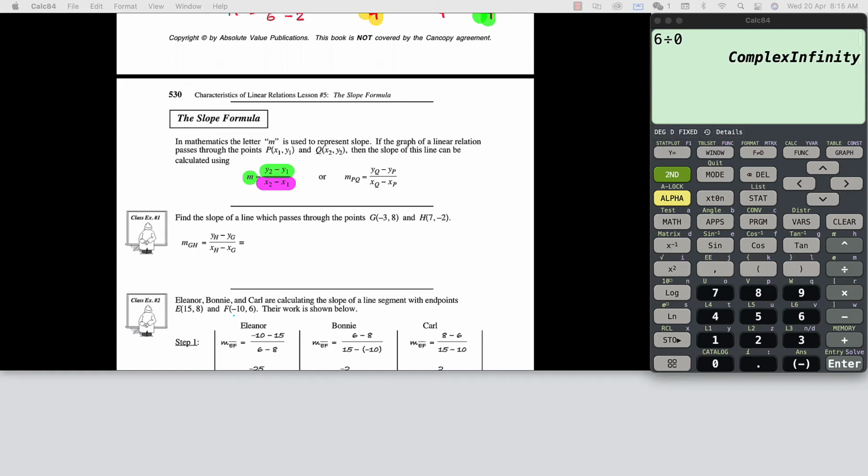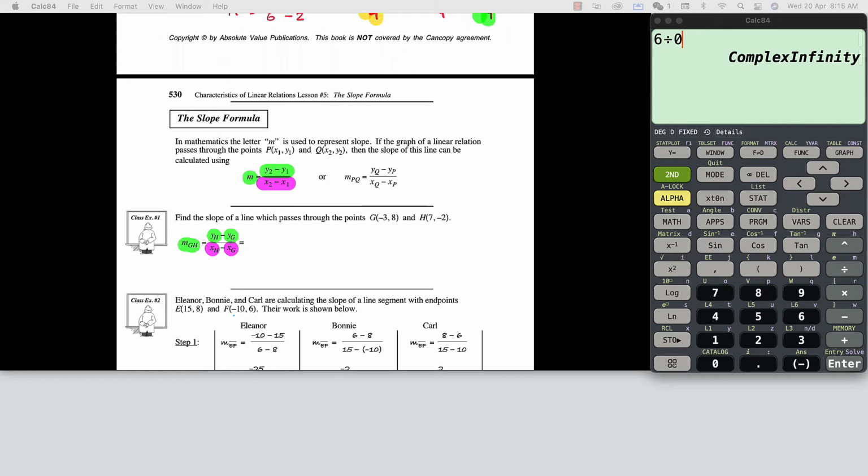So this one, m_GH, is basically saying what is the slope of line segment GH. And y_H is the y value at point H, and this is the y value at point G. This would be the x value at point H, and this would be the x value at point G.